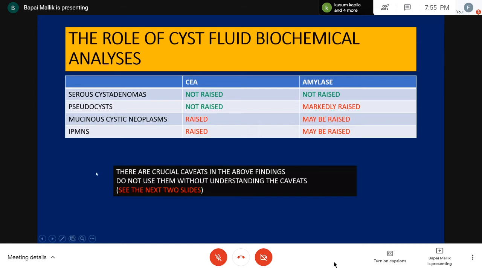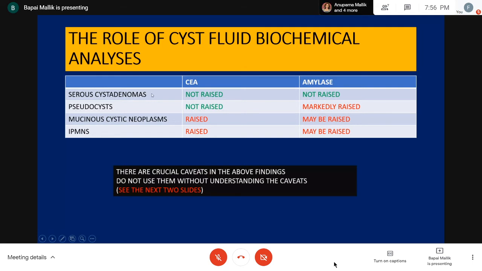If you have a cystic lesion where you have sent the fluid for CEA and amylase analysis and neither of them is raised, then you are dealing with a serous cystadenoma, because serous cystadenomas will not show a rise in CEA, and they will not show a rise in amylase. Both of these not being raised indicates a serous cystadenoma.